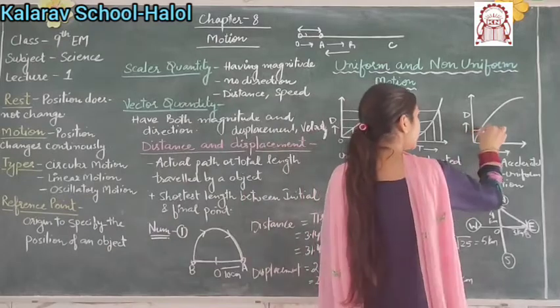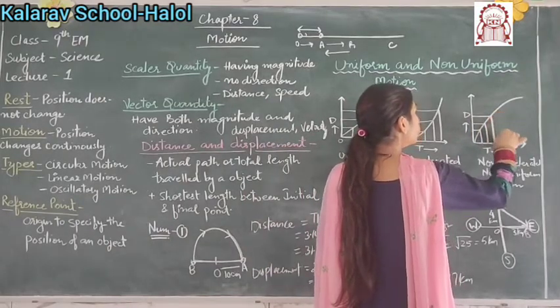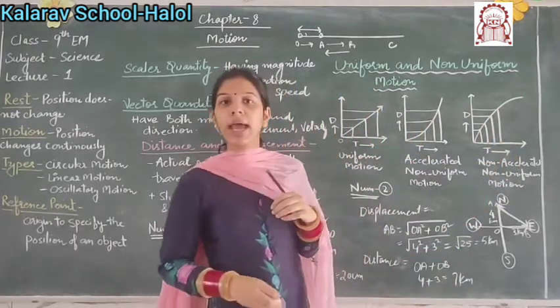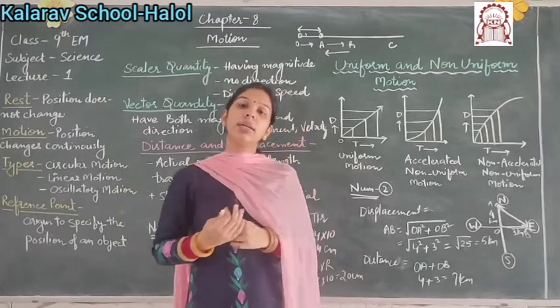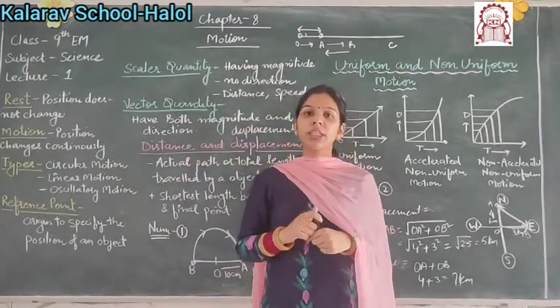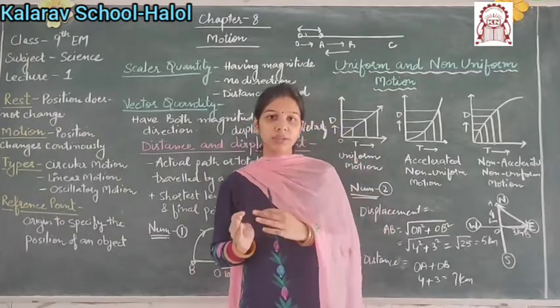On the other hand, if a body moves slower, then we can say that it is deaccelerated non-uniform motion.